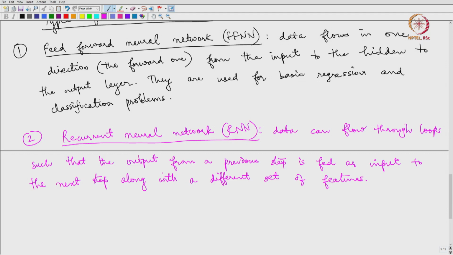So RNNs, as I mentioned, are useful for modeling sequential data, including language and time series data.